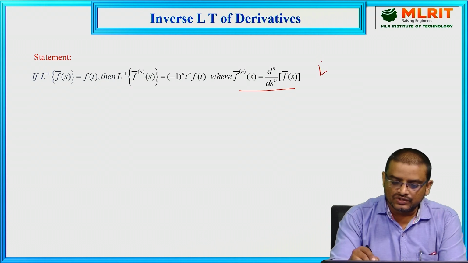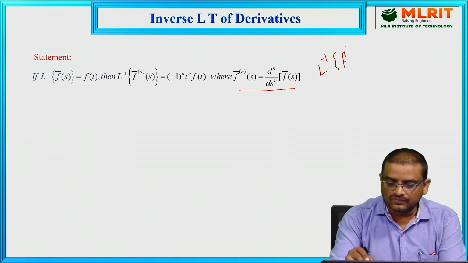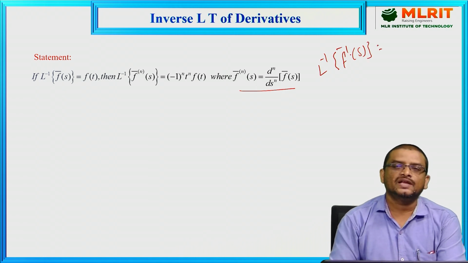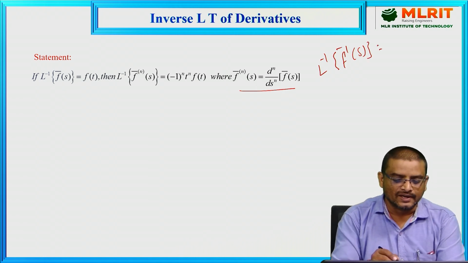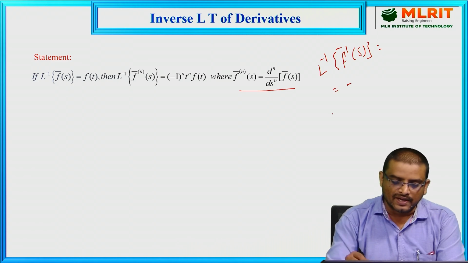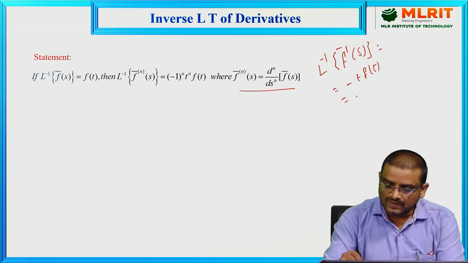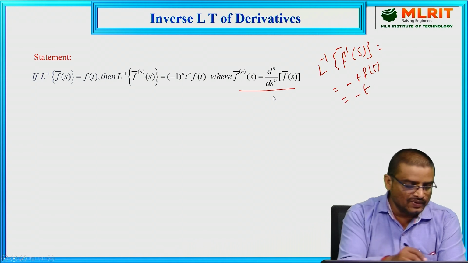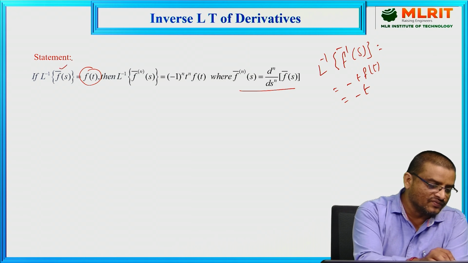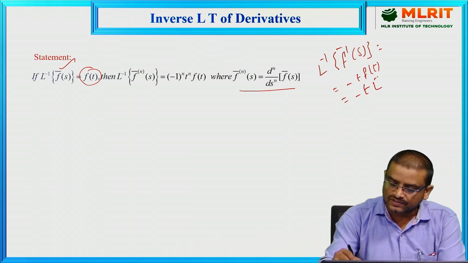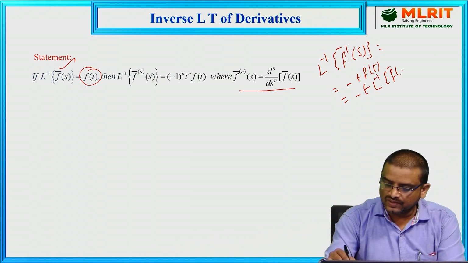Suppose you want to find the L inverse of the first derivative of f bar of s. Then we can replace n is equal to 1, and we get our required value, that is minus t into f of t. We can replace that f of t with L inverse of f bar of s.